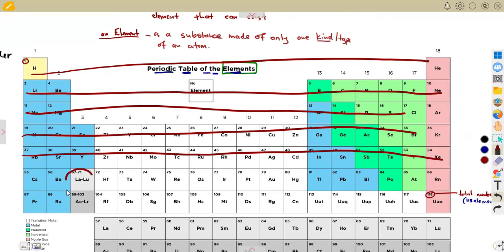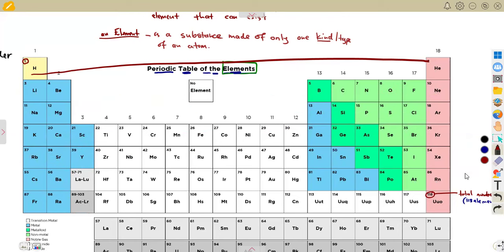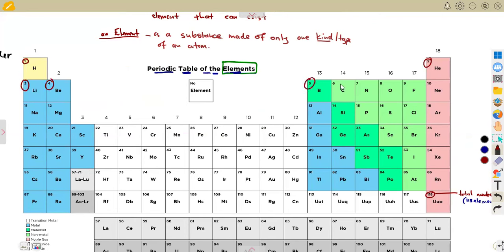But there's something happening here that we're going to talk about later on. Let's start here. If we take this, you are going to see that this is 1, this is 2, this is 3, this is 4, 5, 6, 7, 8, 9, 10, and so on, 11, 12. So we can even list these in that order.